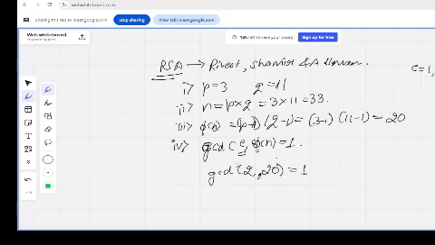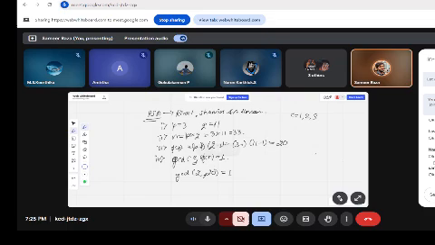Now how will we calculate the GCD of 2 and 20? What is the GCD of 2 and 20? If there is any confusion, you can ask me in our chat box. Till now is there any confusion? Kirtika, Lavanya?